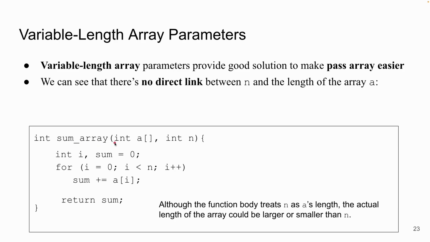That is that if we just check out the array definition here, there is actually no direct link between the parameter n and the length of array A, right? So you need to check out the function bodies to know that, okay, this parameter is used as the length of array A. But in the parameter list here, there's no clue to tell us that n is used as the length of array A.